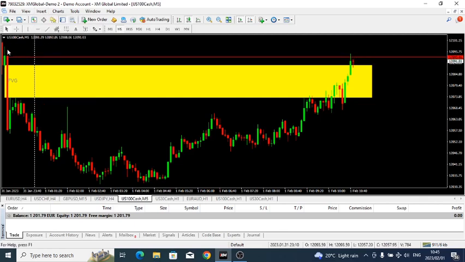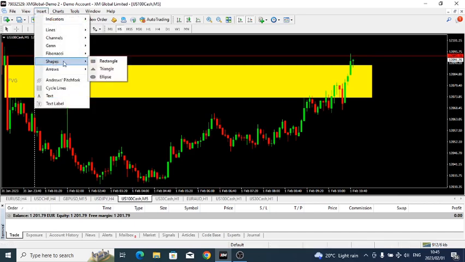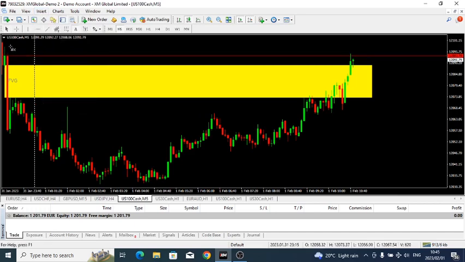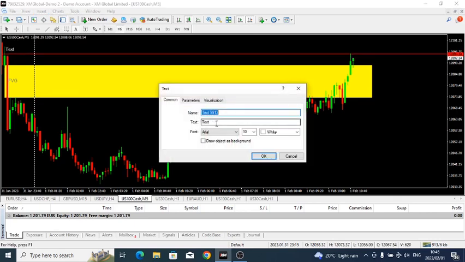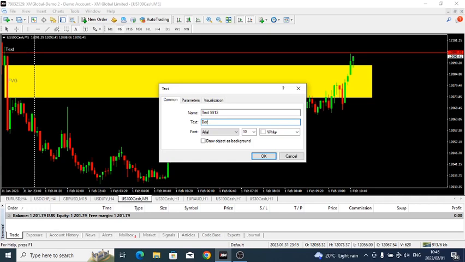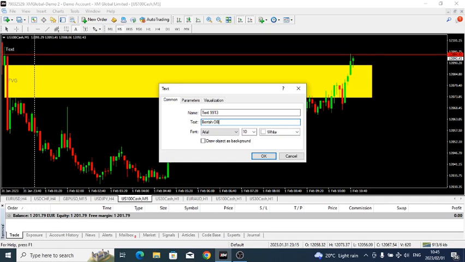This green candle there. It is very much an order block.